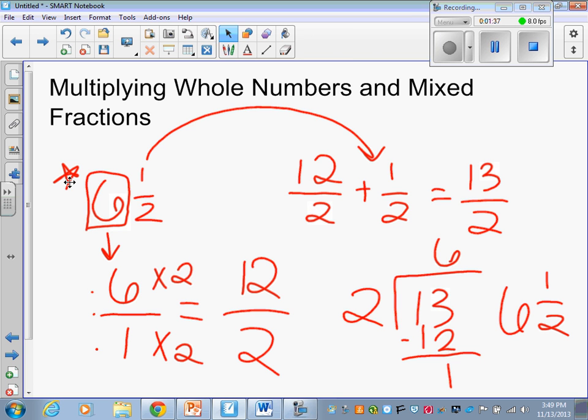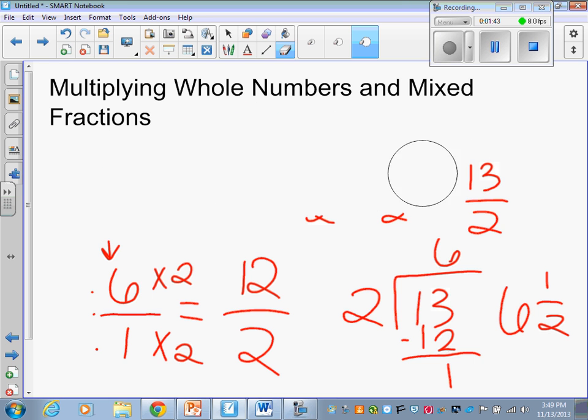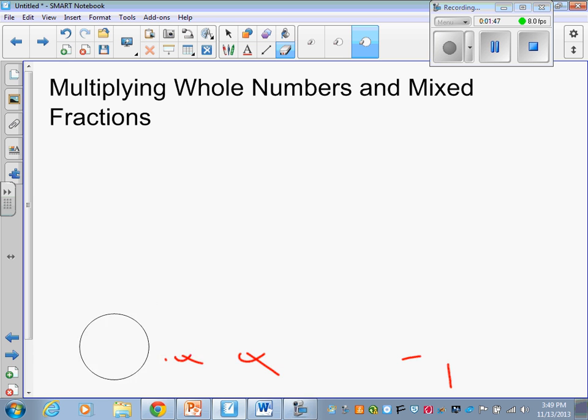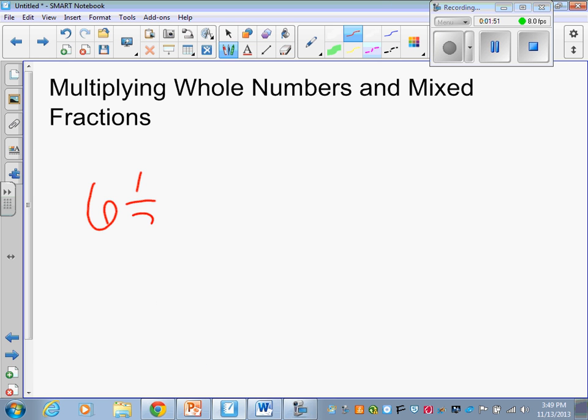We also talked about a trick to convert a mixed number into an improper fraction. And hopefully you remember that trick. We're going to take the same mixed number, 6 1/2. We want to convert it to an improper fraction. So we start with the denominator. We multiply by the whole number.